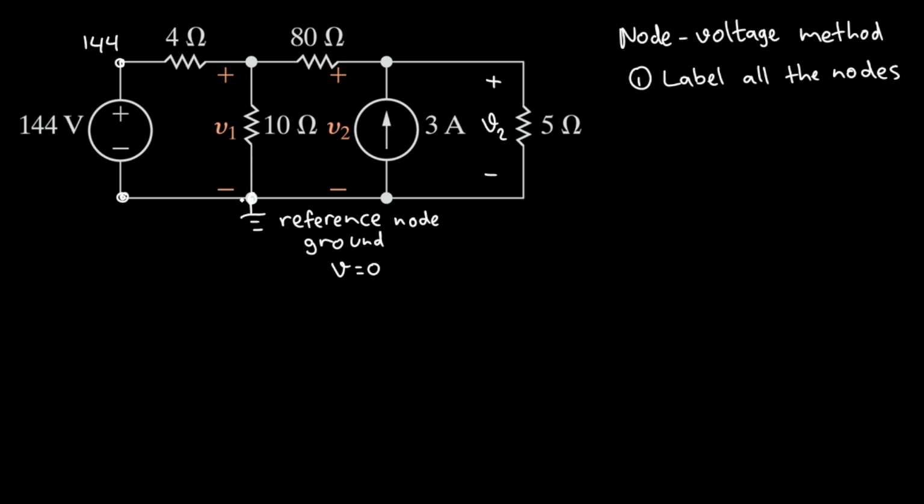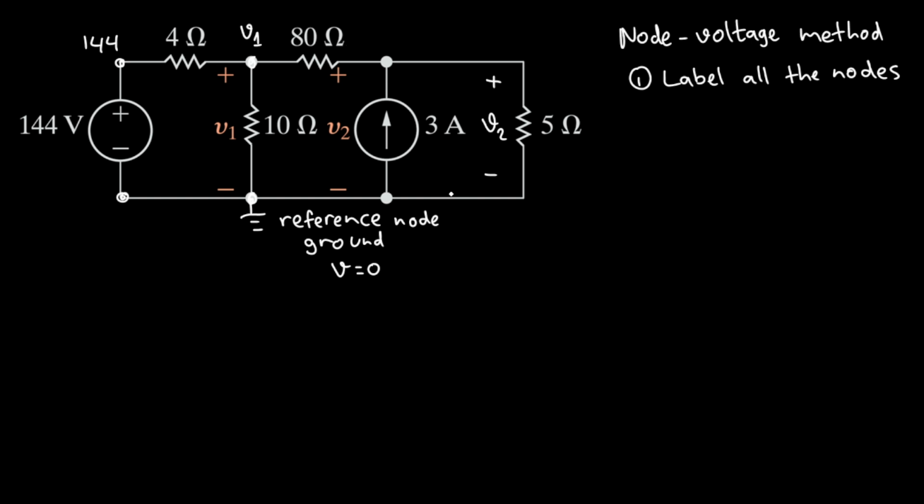And here we also get that V1 is here, but then the negative terminal is connected to the ground. So in order for the difference to be V1, this node here should have the value of V1, right? And then let's move on here.